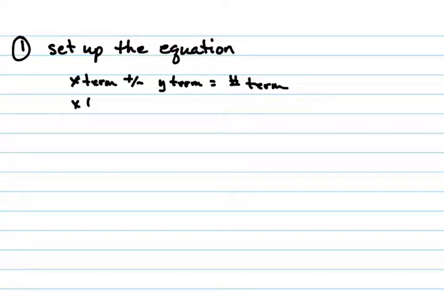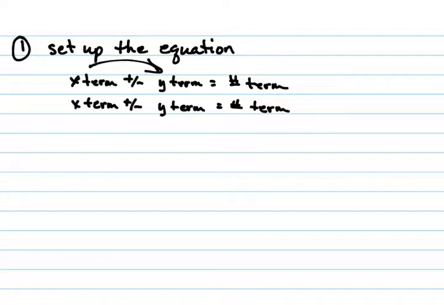And then the same thing in the second equation. Now, the x and the y could be reversed. You could have your y's first and then your x's. That doesn't matter. But what you should be seeing about this setup is that all of the like terms are lined up one over the other. So x terms on top of x terms, y terms on top of y terms, number terms on top of number terms, and traditionally we put the number terms after the equal symbol.